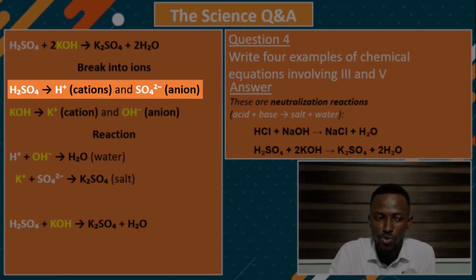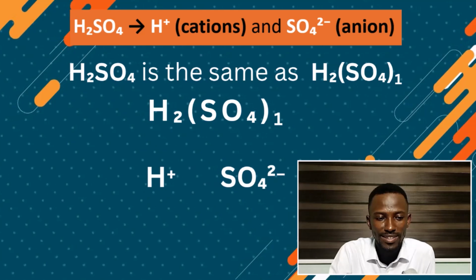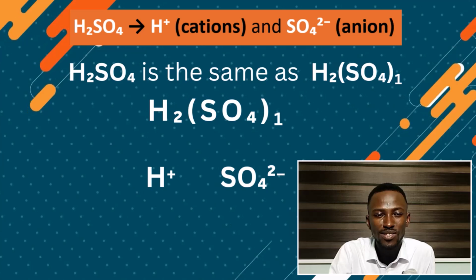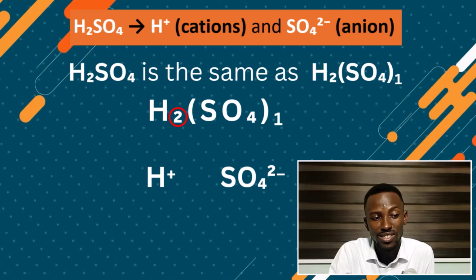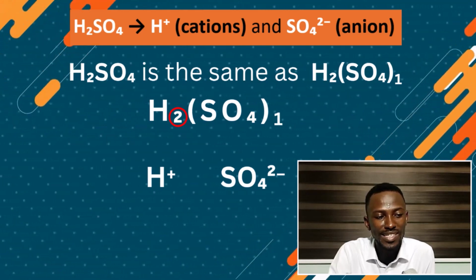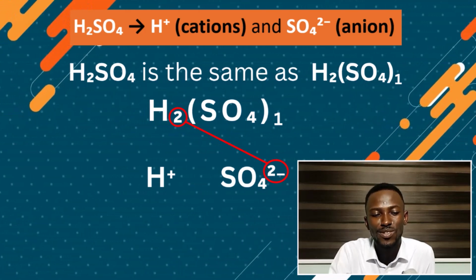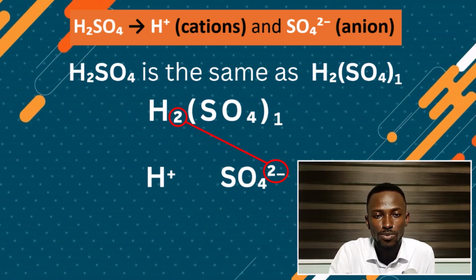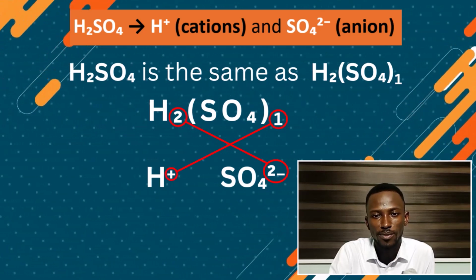Don't be confused, especially for the SO4 2 minus, you'll be asking yourself, why is 2 at the top? Take note. The 2 in the H subscript 2 SO4 is what gives the SO4 its 2 minus charge. And the H plus is just positive 1. Don't be too scared.